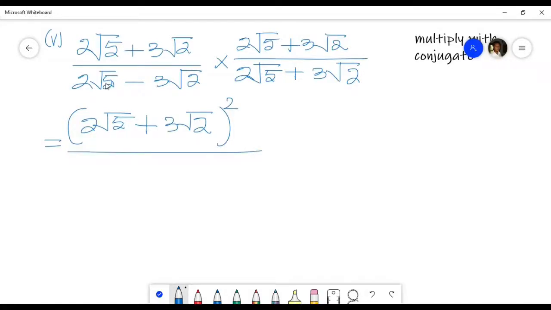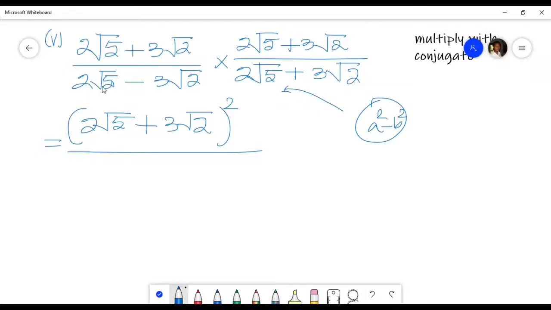And let's see the denominator. The denominator is in the form of a square minus b square. A minus b into a plus b. The expression of that is a square minus b square.